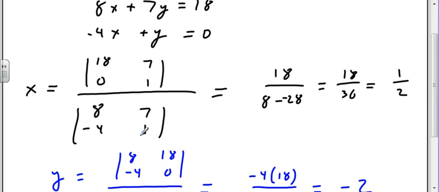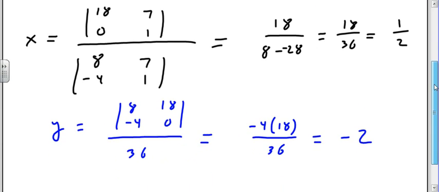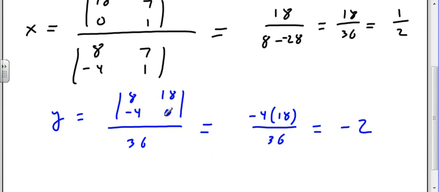Okay, so that's 8. 28 is 36. That has to be right. 18 on top. That has to be right. 8 minus a minus. This is a minus 4. Okay, so that becomes a plus 2.